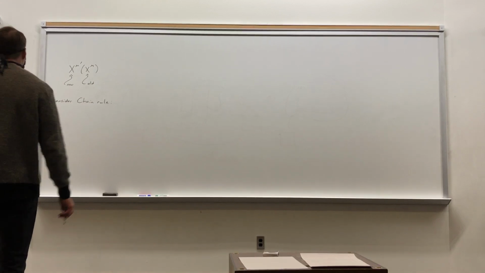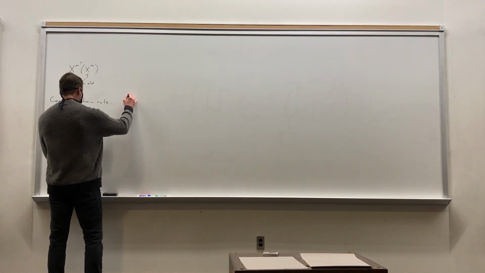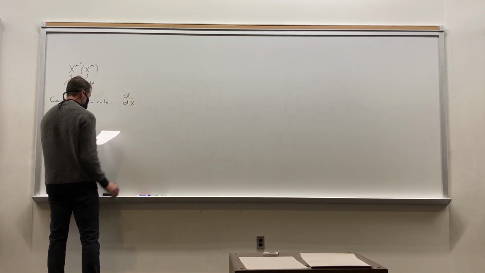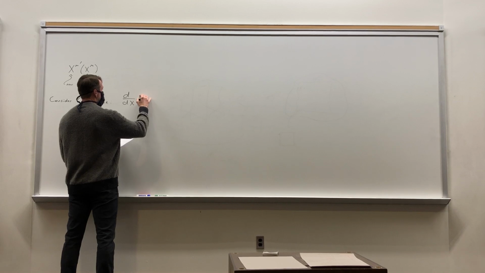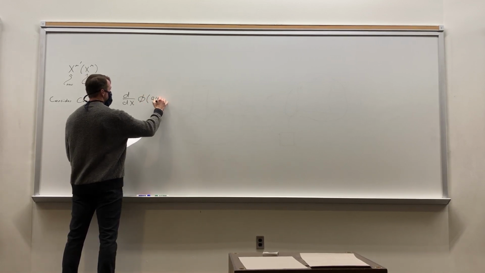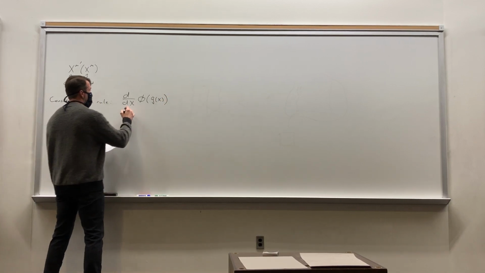Anyway, George P. Chain invented the chain rule, and this is something that you should be familiar with from calculus. I'm going to write it in a weird way at first, and then we'll settle into its application to coordinate changes. So if I have the derivative with respect to x of the function phi, which is a function of a function of x, which we'll just call g, okay?